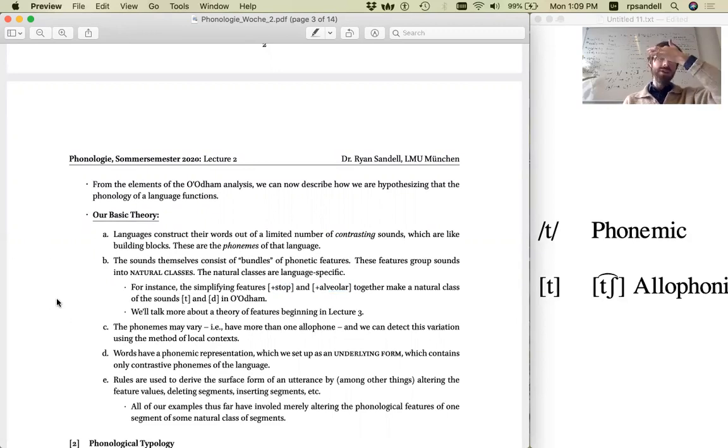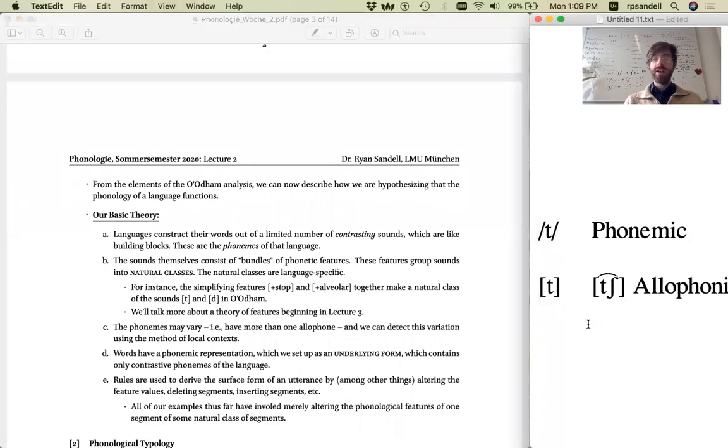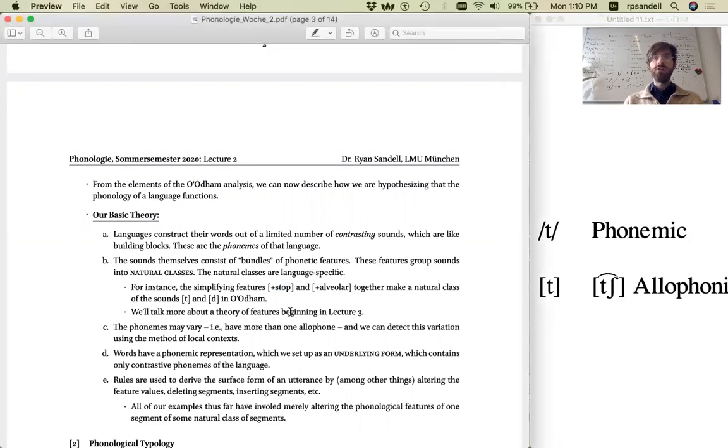And these phonemes, when they are realized on the surface, can have different variants, which we call allophones. And using the method of local contexts to determine if a complementary distribution exists, we can detect this variation and see which of those allophones is essentially predictable.